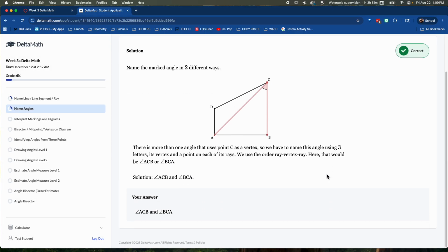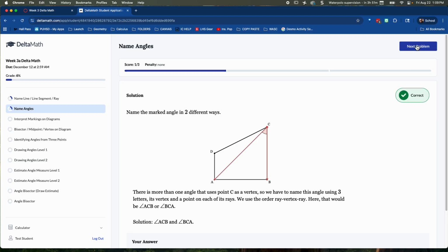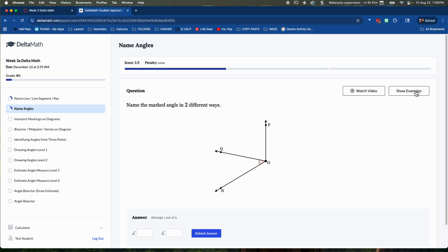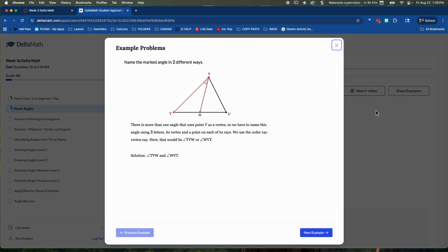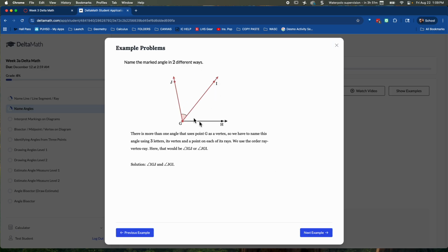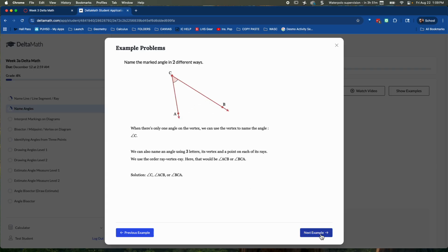There are occasionally other ways that a diagram might be labeled. Let's see some of those examples here. This one has the 3-letter format for the way a diagram might be labeled. Similarly, this one, I don't see any number angles, so that must be it.